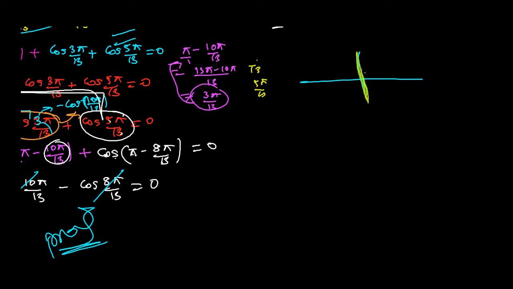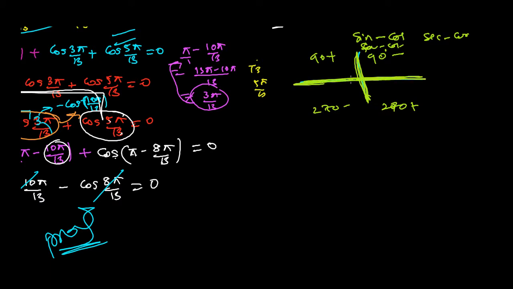In this line, if you're doing 90 minus or 90 plus, the functions get converted. Sine will be converted into cos, tan into cot, sec into cosec, and the same thing happens with 270 plus or 270 minus. But in this region nothing gets changed, and the sign is according to the CAST rule, C-A-S-T, right?